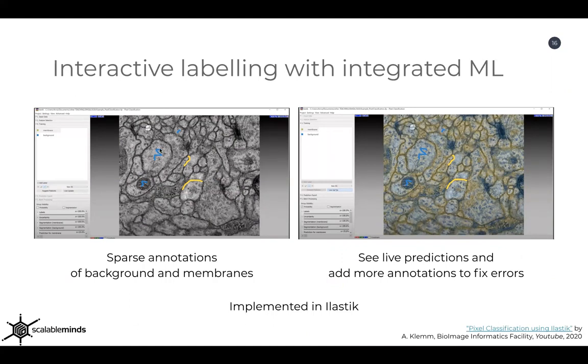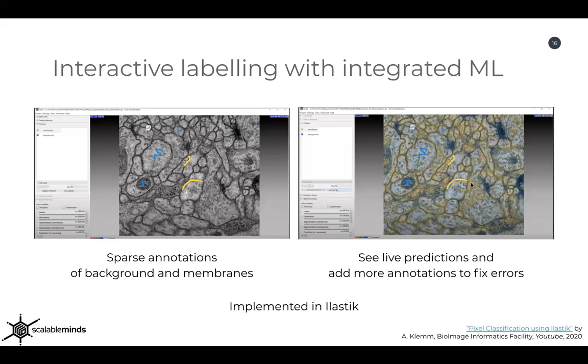What the annotator did is just draw some squiggly lines on some background here and on membranes here. And then you immediately get a live preview of the prediction that you would get out of that. This is great, because as a user, you can immediately see where the system will need some more annotations to perform better.